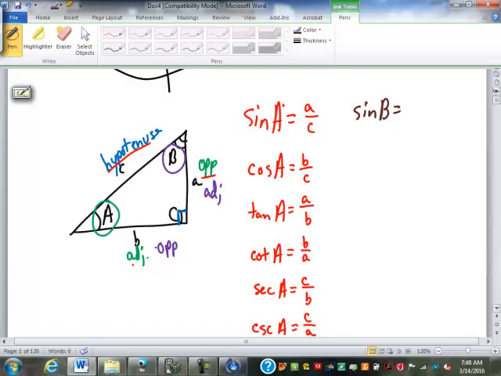Sine B is opposite over hypotenuse, but from B, the opposite side is b.